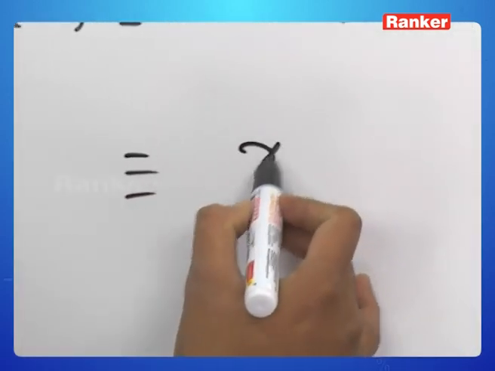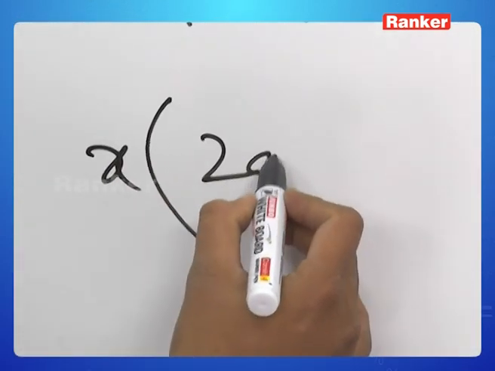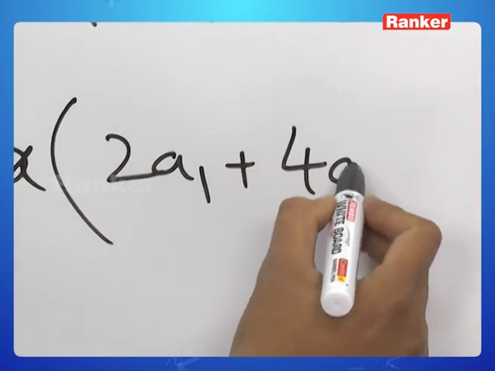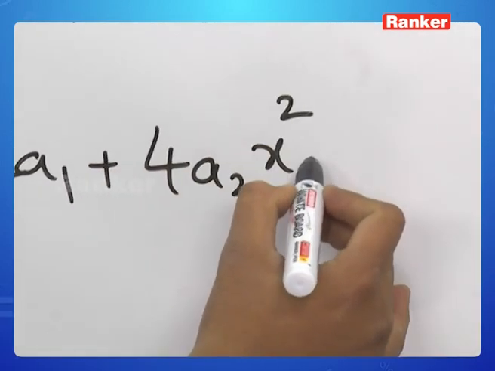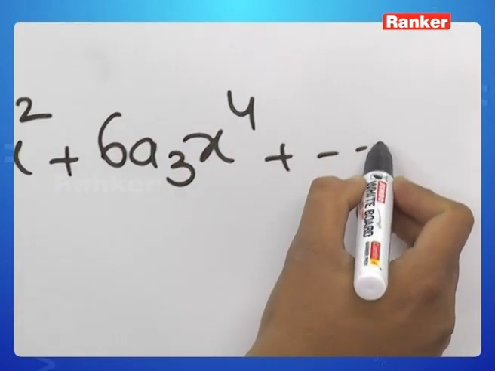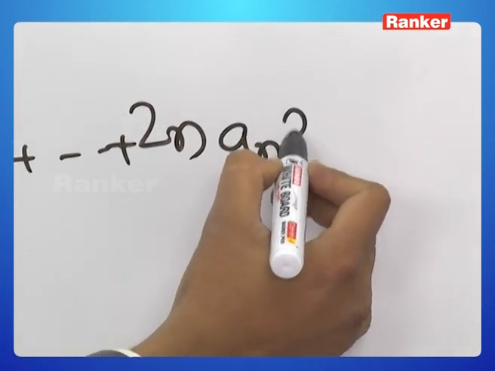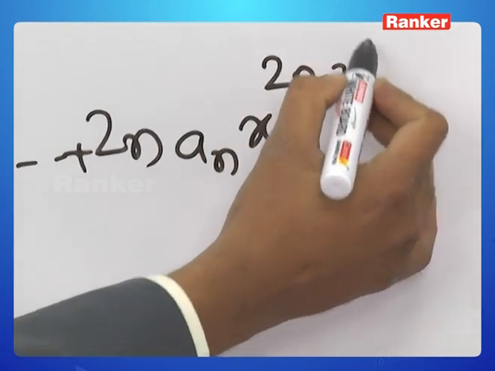Let us take that x common: x into 2a1 plus 4a2 x power 2 plus 6a3 x power 4 plus so on up to 2n an x power 2n minus 2.